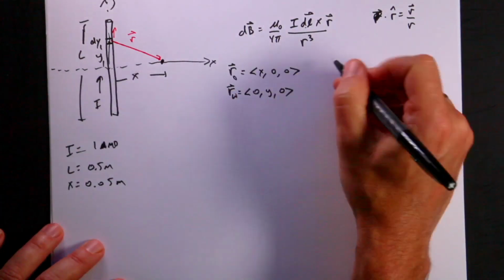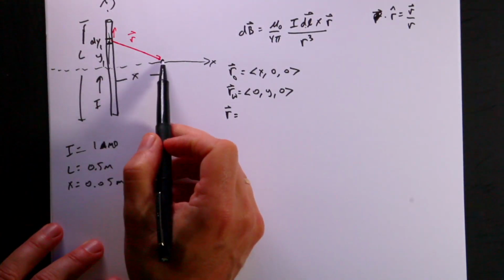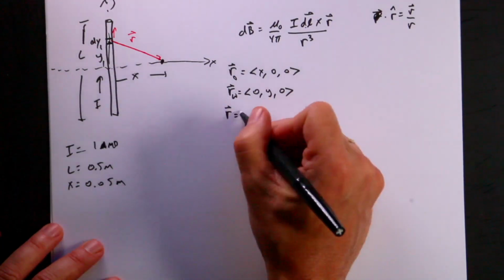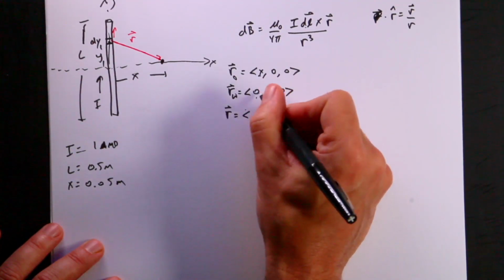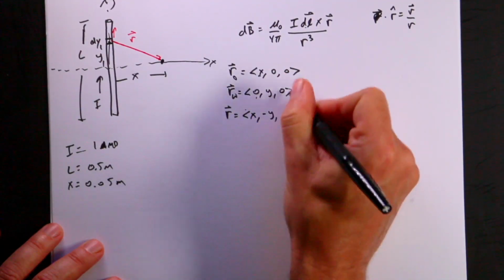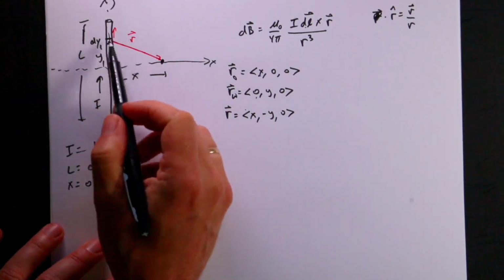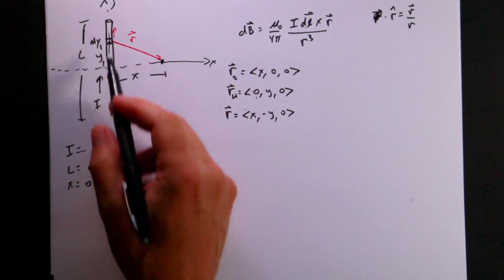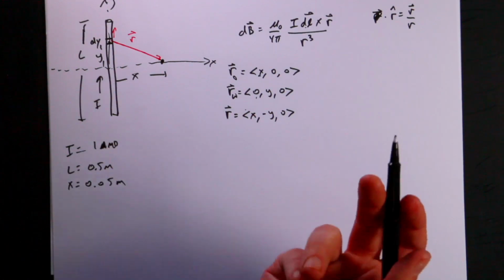So that means I can find the vector r. The vector r is going to be from here to there. So it's going to be this minus that. So it's going to be x minus 0, 0 minus y, I get minus y, 0 minus 0. That's this vector right here. And it changes as I move up and down the wire. So I'm leaving it generically. My x distance, I'm saying, is that constant value.